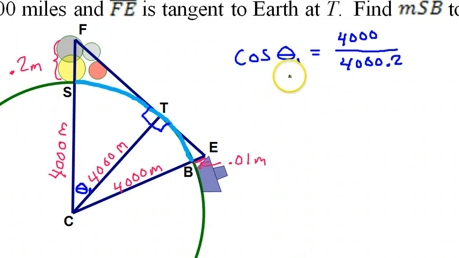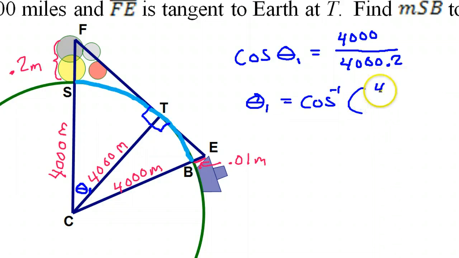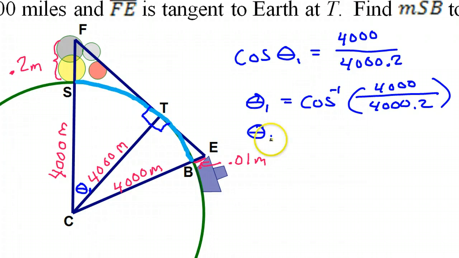Of course we remember that if we want the angle, we need the inverse trig function. So theta 1 is going to equal the inverse cosine of 4,000 over 4,000.2. Now this is a job for the calculator.